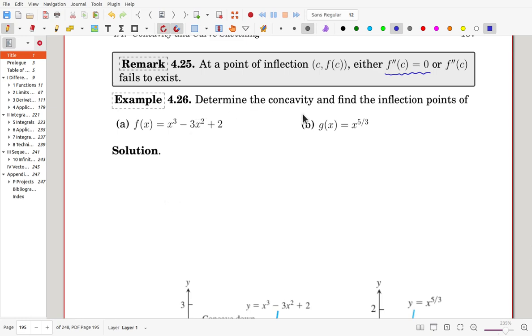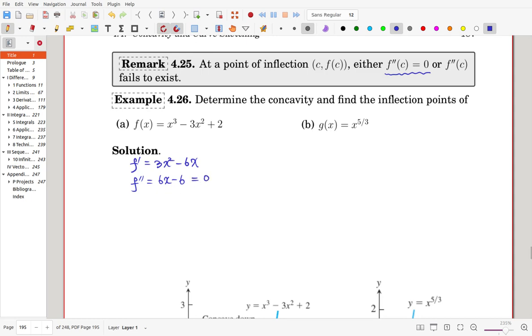Determine the concavity and find the inflection points of the functions. Okay, let's begin with f of x. So here f prime is 3x squared minus 6x, and f double prime is 6x minus 6.